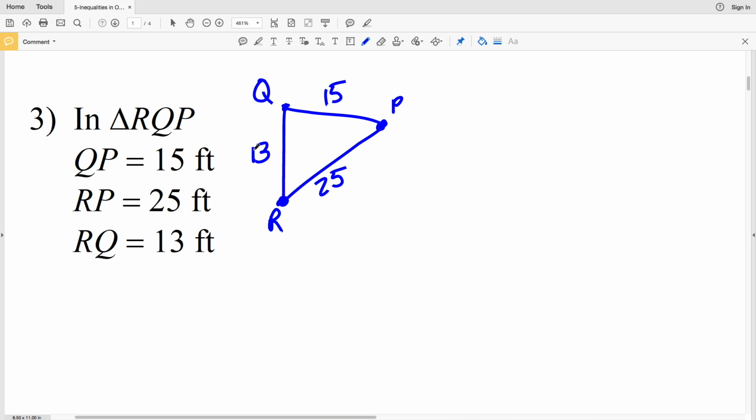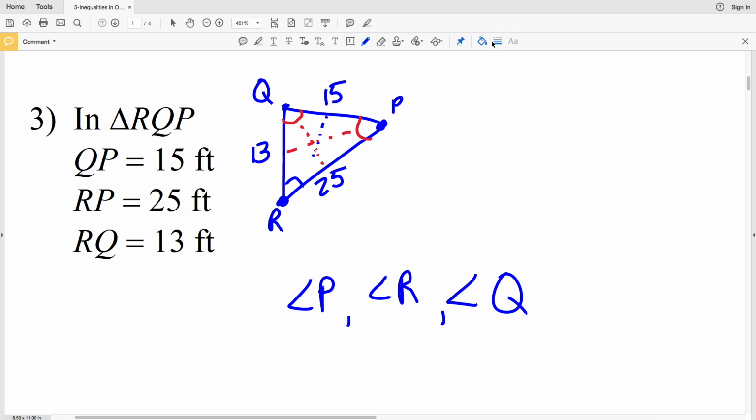So now that we've drawn our picture, we can easily see from the diagram, since 25 is the largest, the angle directly across from side RP is angle Q. So angle Q is the largest and will get listed last. Next, directly across from our smallest side is angle P. So angle P will get listed first. And all we have left is angle R, which is across from the second smallest side. So in order from smallest to largest, we have angle P, angle R, and then angle Q.